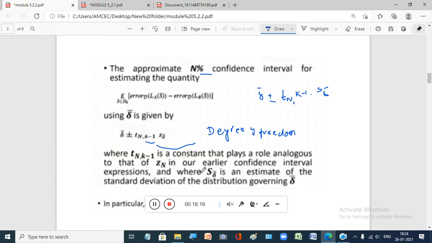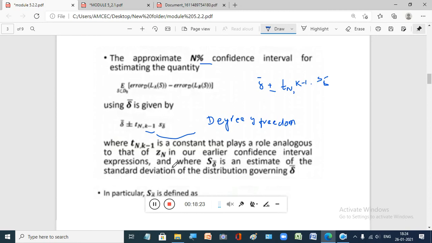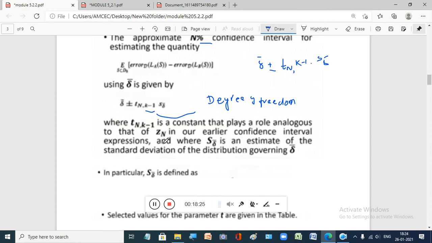S of delta bar is an estimate of the standard deviation. Delta bar was the mean for us, and now we find the standard deviation, which we multiply here. S is nothing but the standard deviation of our distribution governed by this mean delta bar.